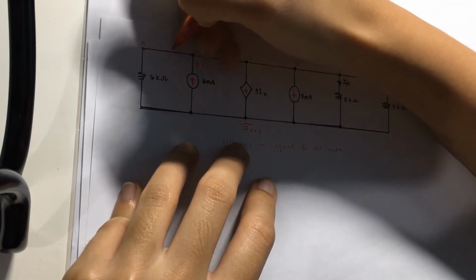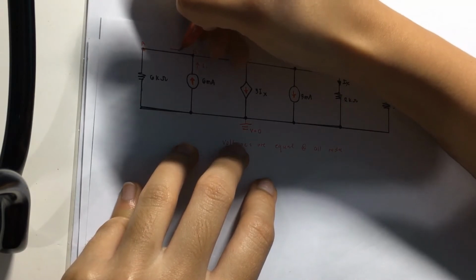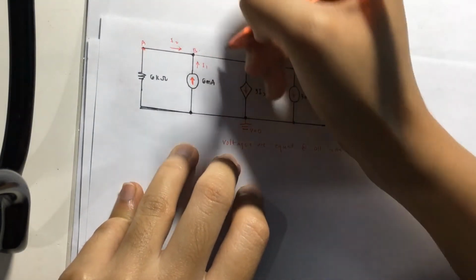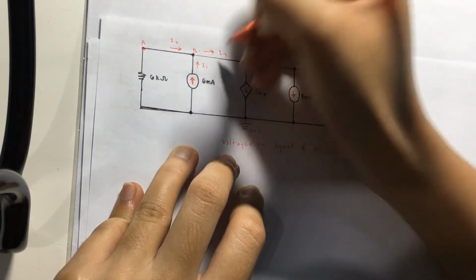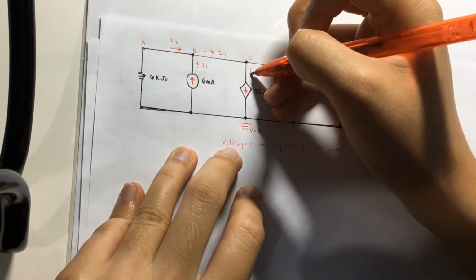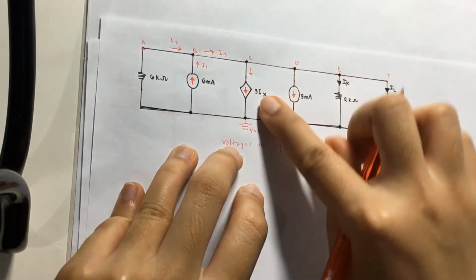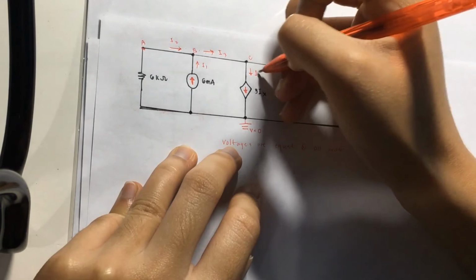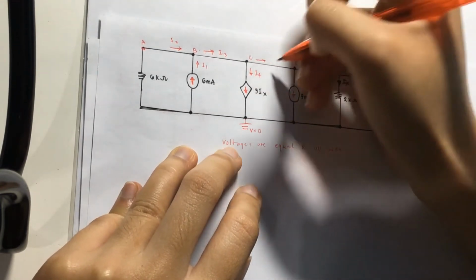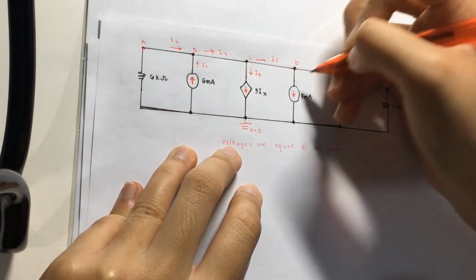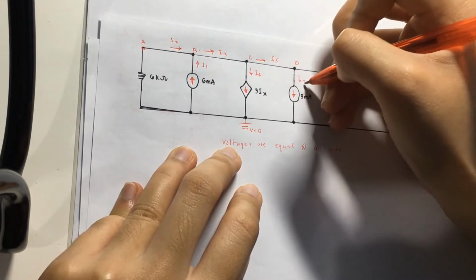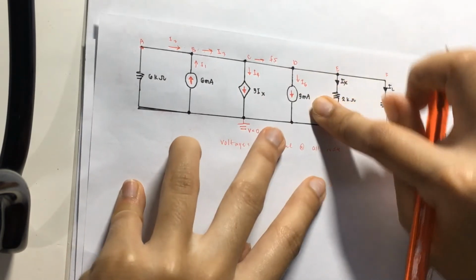So we have I2, I3, and I4. I4 goes downward since it is given. I5, I6. I6 also goes downward because it is given.